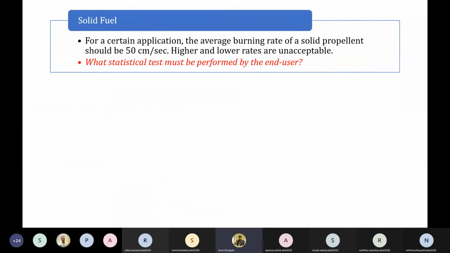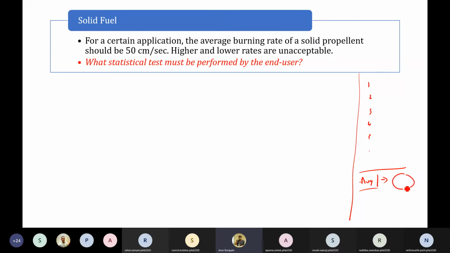Similarly, this example we also discussed in the previous class, I think. Solid propellant. Here also we need to find out the average. I will take 3 or 4 samples and find out the average values.